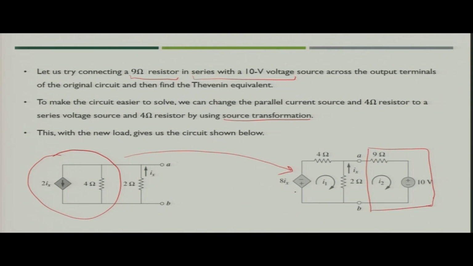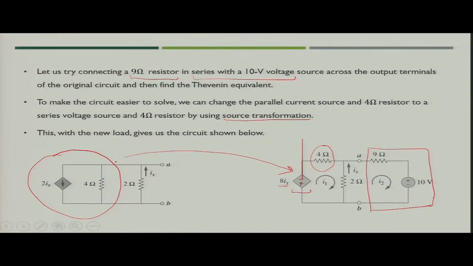What will happen in this case? The value of the voltage source, which would definitely be a dependent voltage source because this was the dependent current source, would become 2 into 4, that is 8 I x, and the polarity would be in the direction of flow of the current. So, the bottom sign is plus, the top sign is minus, and then in series with one 4 ohm resistance.